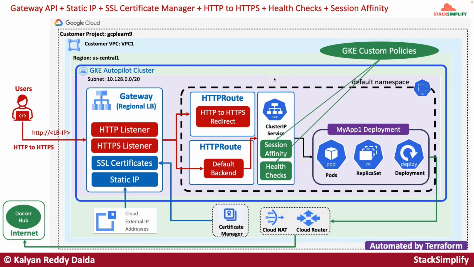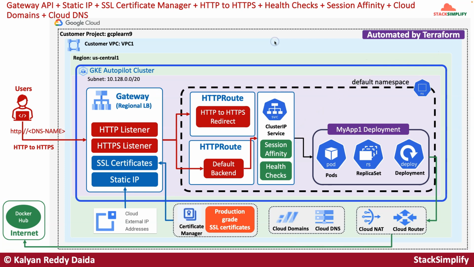So once session affinity and health checks are completed, we will focus on implementing a more production grade implementation. Instead of using a self-signed certificate with Certificate Manager, we will generate production grade SSL certificates with DNS authorization against Cloud Domains, a registered domain, and also a Cloud DNS managed zone.